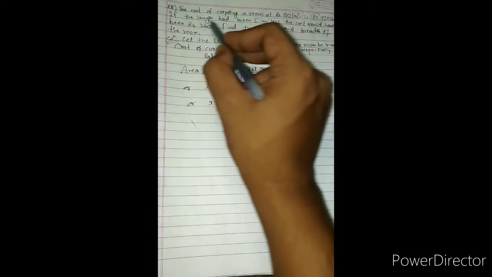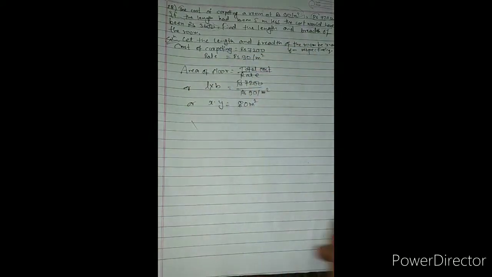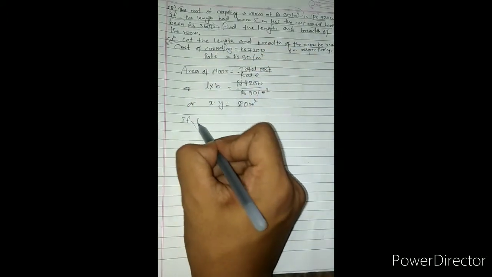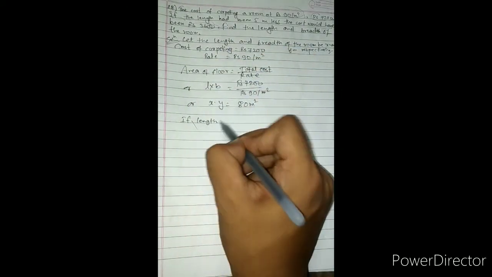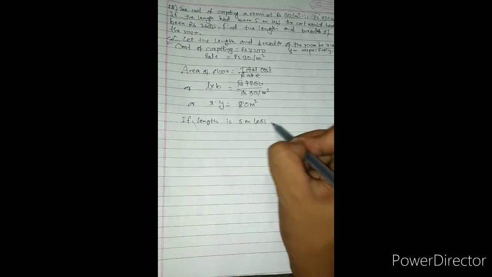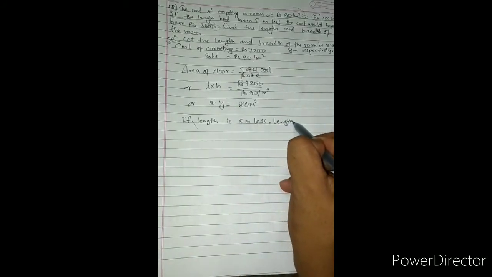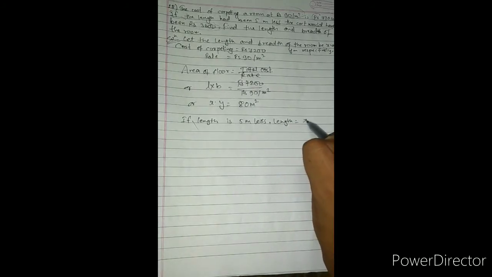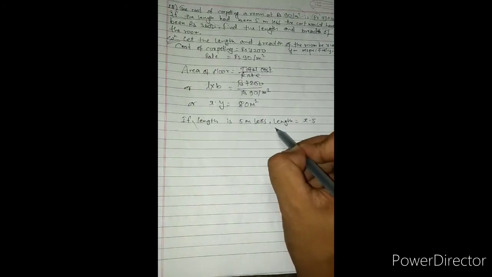Next, if the length had been 5 meter less, the cost would have been 3600. If length is 5 meter less, then length is x minus 5.